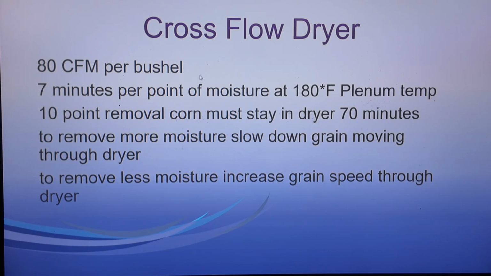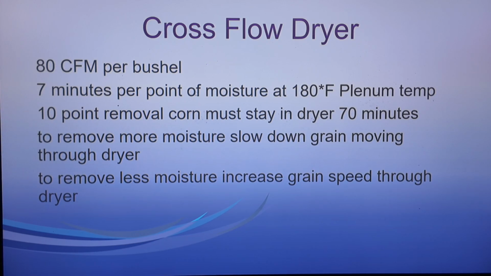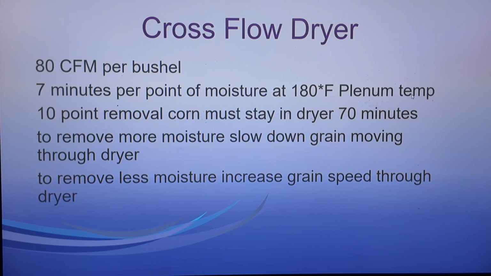So if you want to remove 1 point in moisture from a bushel of grain, it's going to take about 7 minutes to remove 1 point of moisture if you're blowing 180 degree plenum temp air across it. There's minor variables to that.